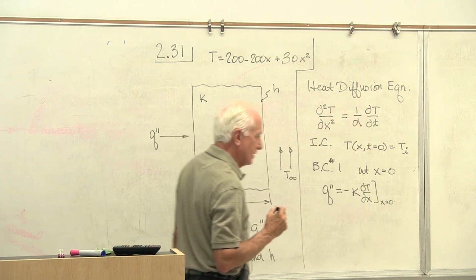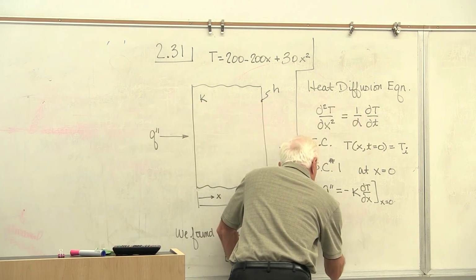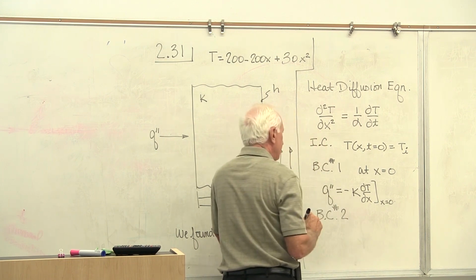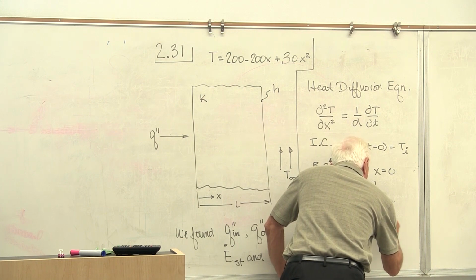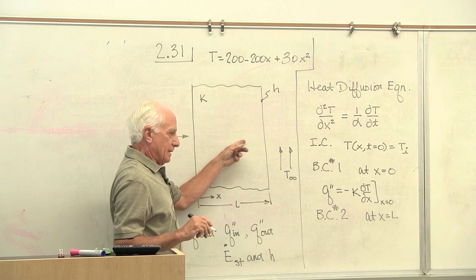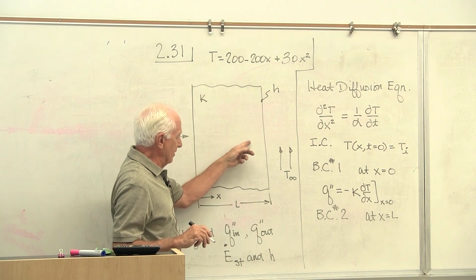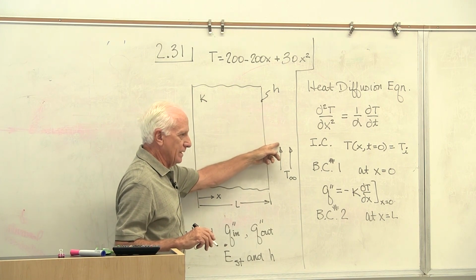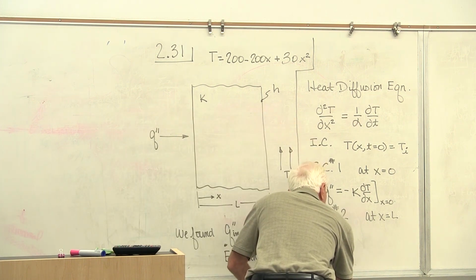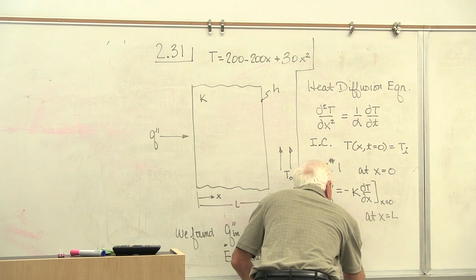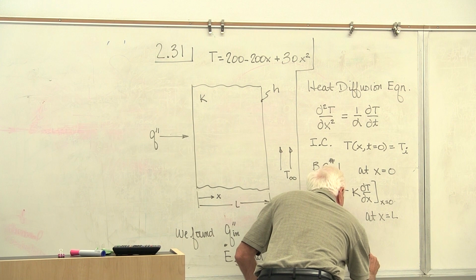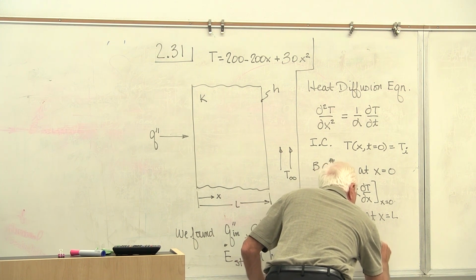BC number 2, at x equal L. The heat that comes to the surface at x equal L by conduction is carried away to the fluid by convection. So it comes in by conduction, is carried away by convection.